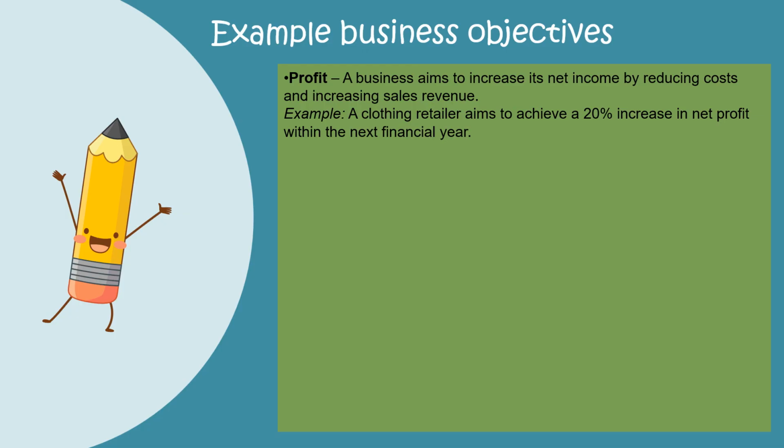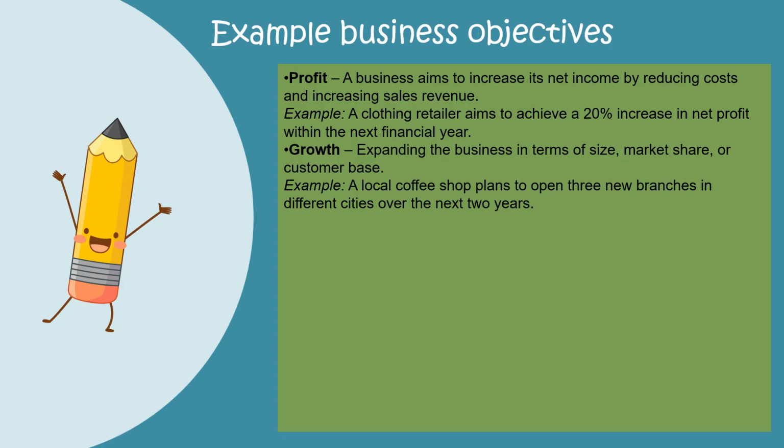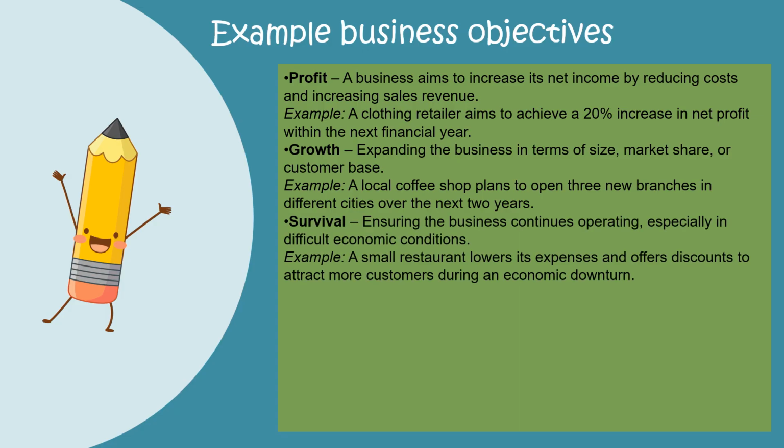If the business has a profit objective, it means, of course, that the business is aiming to increase its net income by reducing its costs and increasing its sales revenue. So more sales, less costs leads to more profit. An example, a clothing retailer aims to achieve a 20% increase in net profit within the next financial year. Growth objective, example there for you as well, as is survival.